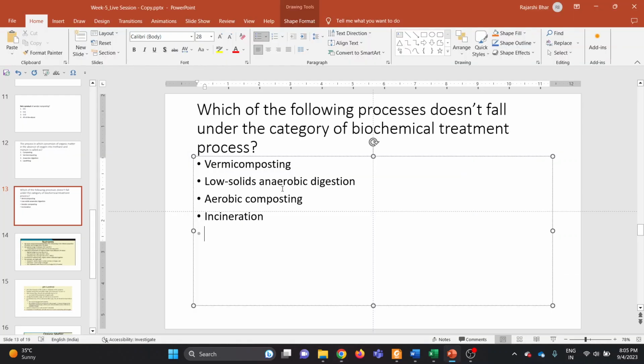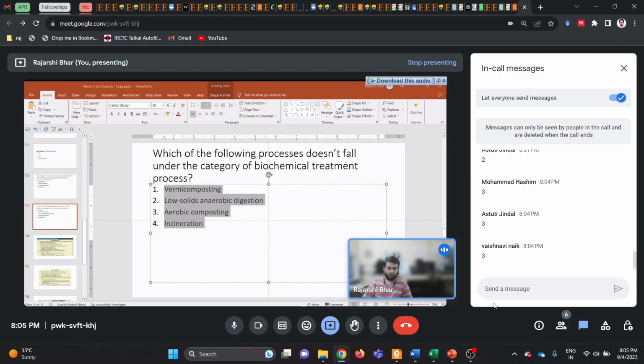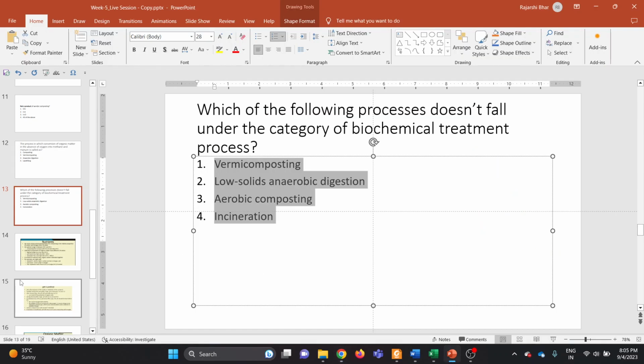Okay, which one? Again, a very basic and simple question. Yes, option D is the correct answer. Incineration is obviously not a biochemical treatment, it is rather a thermochemical treatment.